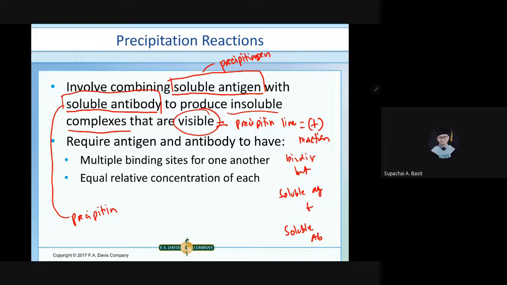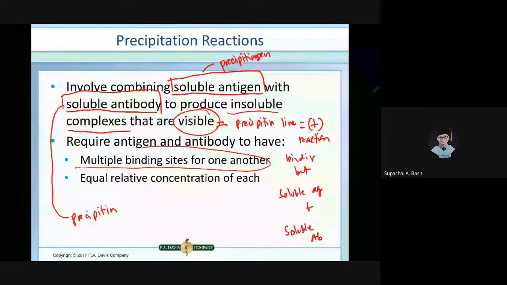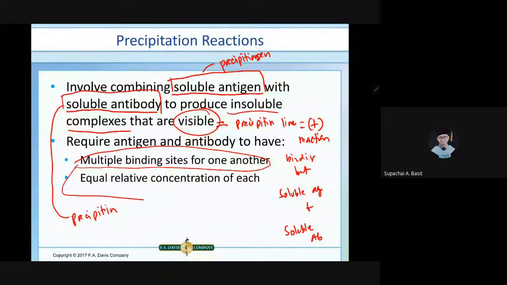Aside from the fact that precipitation reaction requires the antigen and antibody to be soluble, the requirement is that there should be multiple binding sites for one another. So, multiple binding sites, it should be multivalent.